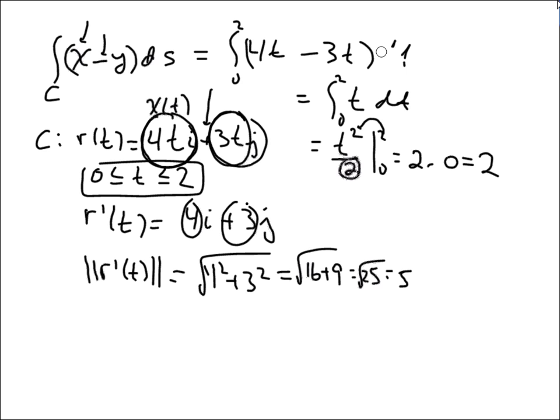But we did forget one thing. Sorry. We're supposed to multiply this by the length of r prime, which was 5. 5 times 2 is 10.